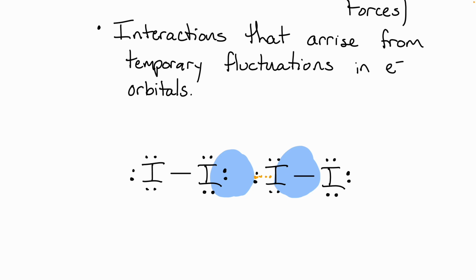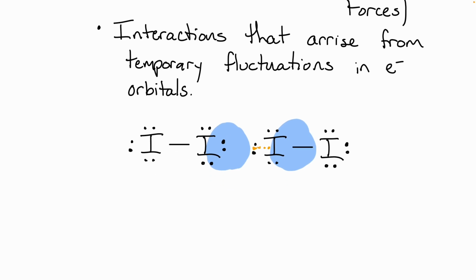The electron cloud that's negatively charged on one molecule is interacting favorably with the nucleus, the positively charged center of an atom in its neighbor. And this doesn't exist for very long at all, because very quickly these things will bounce back. Again, these are very temporary fluctuations in our electron orbitals.